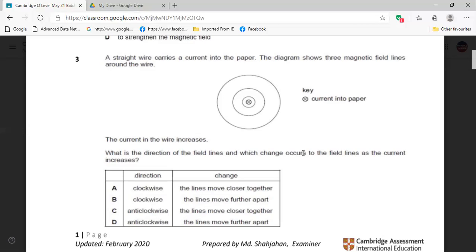Are you writing the notes? If field lines are closer, there is a stronger magnetic field. Another point is if current is more, magnetic field strength is more.